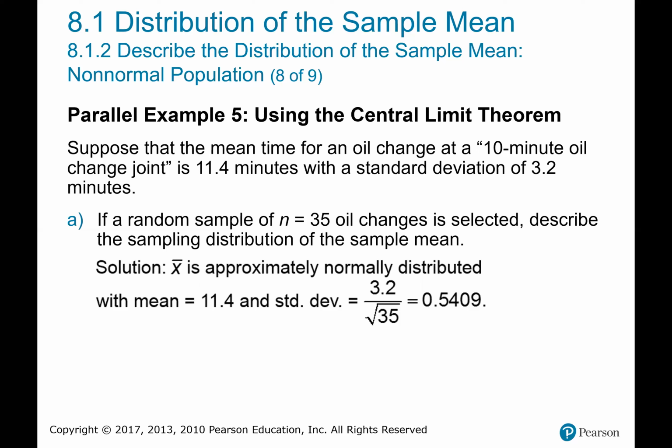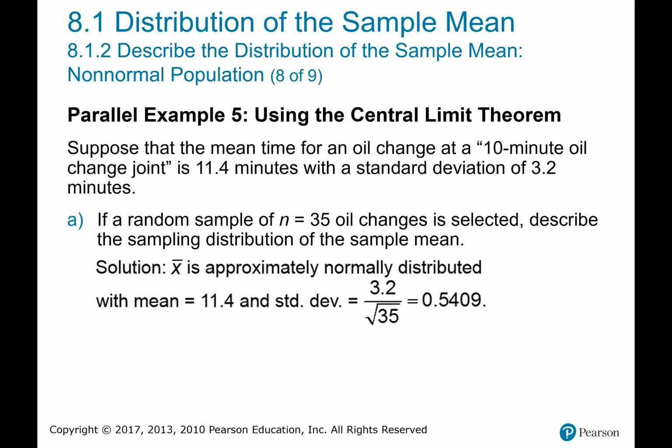Suppose that the mean time for an oil change at the 10 minutes oil change joint is 11.4 minutes with a standard deviation of 3.2 minutes. Again, guys, 11.4 is the mean of the population and the standard deviation of the population is 3.2.